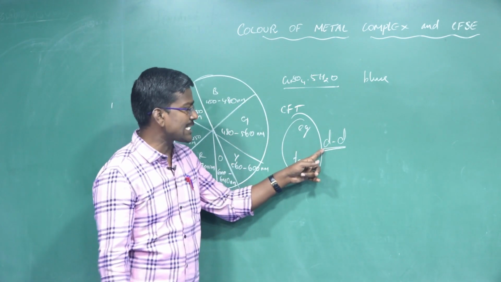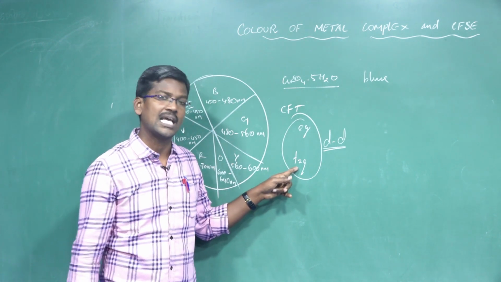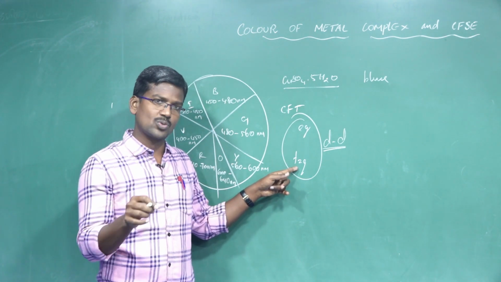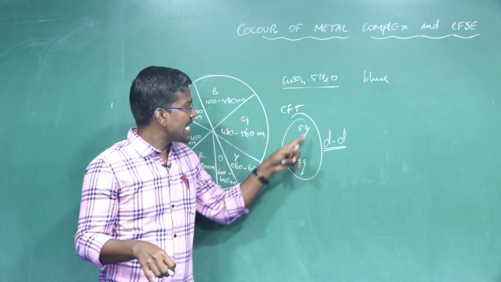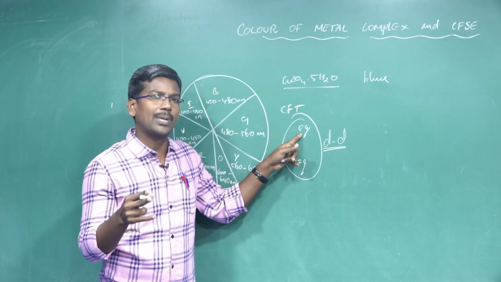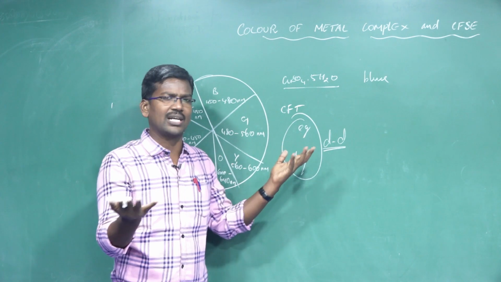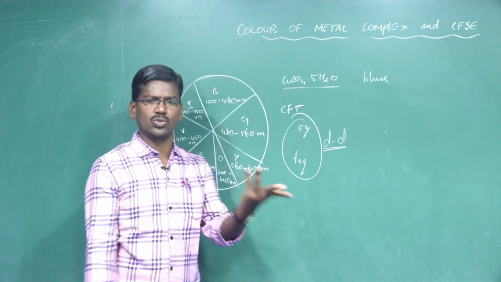The t2g orbitals contain a total of 3 d orbitals: dxy, dyz, dxz. The eg level contains 2 orbitals: dx squared minus y squared, and dz squared. We have already learned this in 9th, 10th, 11th and 12th standard also.